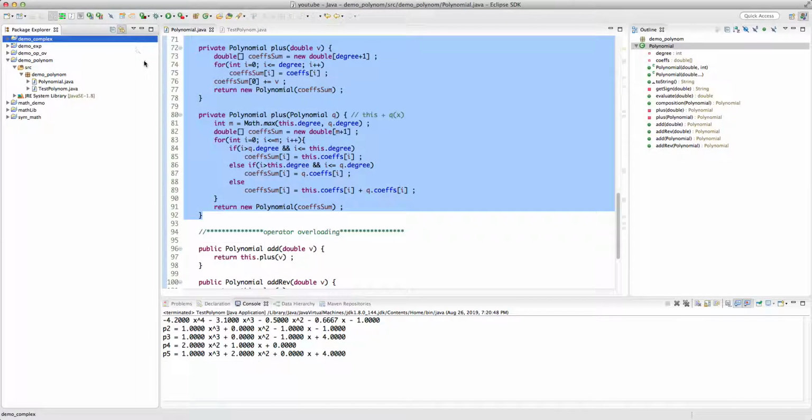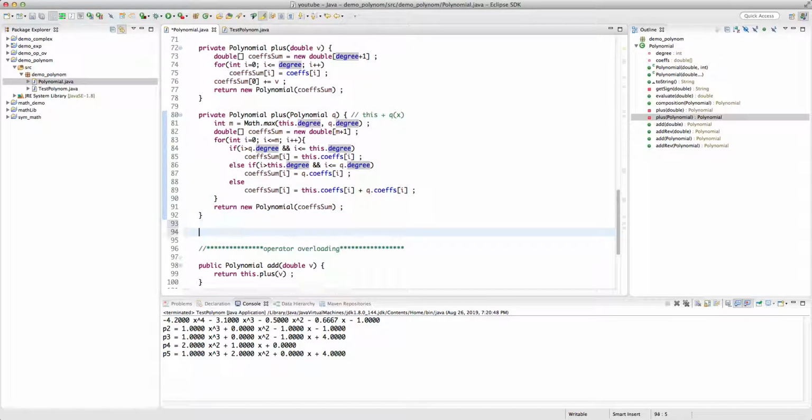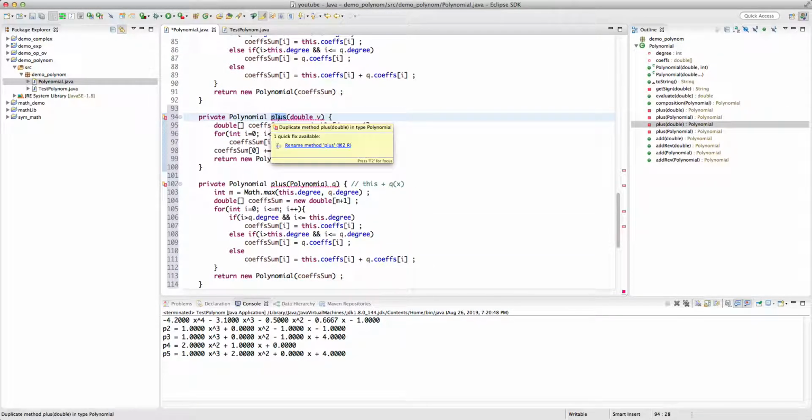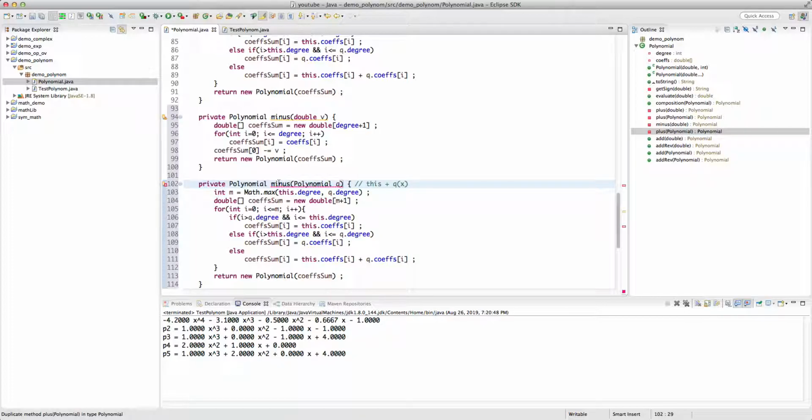Now, similarly, the same way, we can implement minus. This just becomes minus. Now, because minus means this minus q, if the term only appears in q, we have to use negative here, and then now here negative.